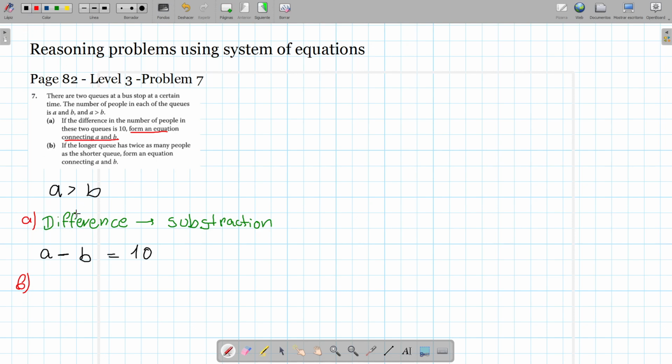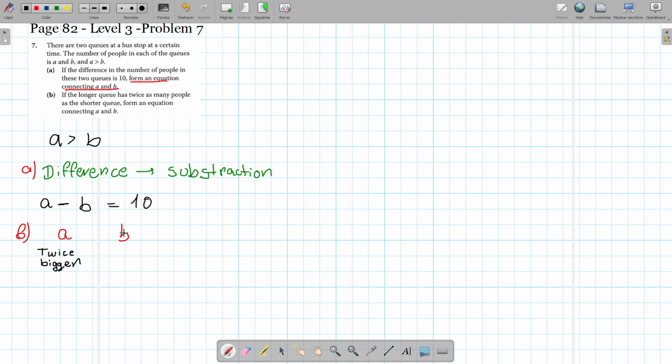That means that, for example, we have the queue A and the queue B. Remember that A is bigger. So the queue that is bigger has twice as many people. For example, if A has 10 people, B will have half, 5 people.